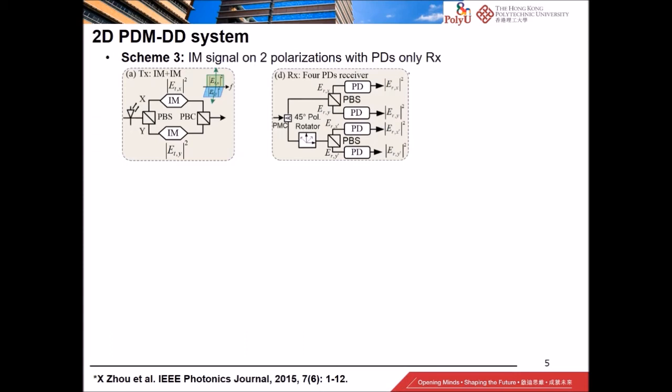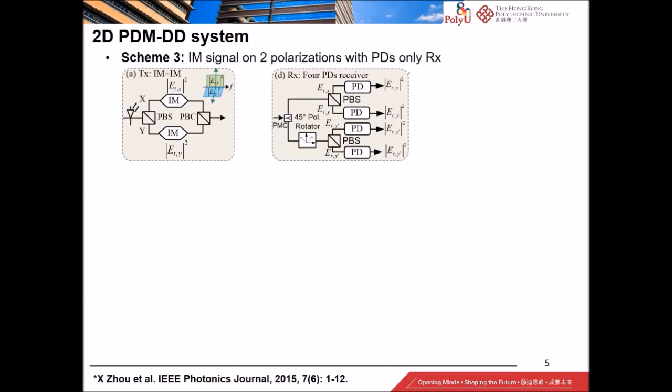Now we also propose another realization of 2D POMAX direct detection receivers. The transmitter is the same as in the previous case from McGill University, basically having intensity modulation in both polarizations. At the receiver, however, we do not use any optical hybrids.